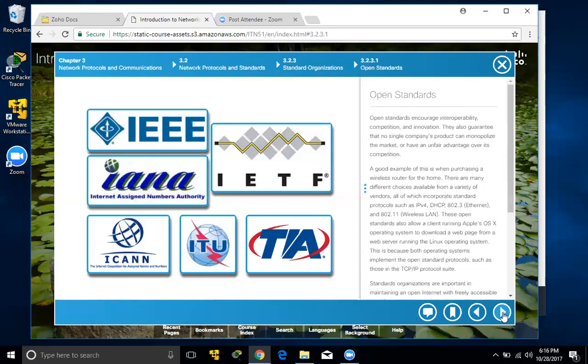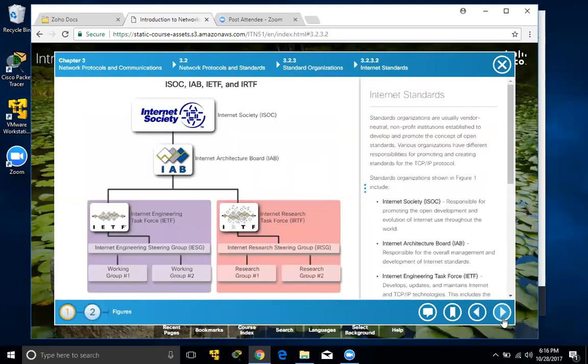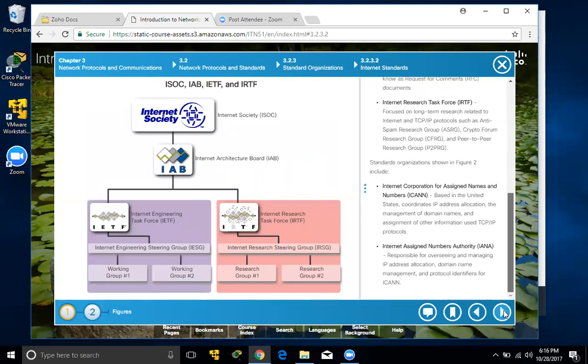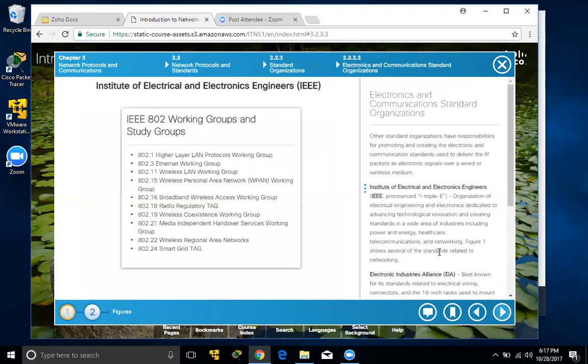Open standards, an important idea, not necessarily essential from a CyberPatriot competition standpoint. Internet standards, so there are people that decide all this stuff. Very important from an industry standpoint, not so much from a CP competition standpoint. Working groups, again, some super smart people doing great work to make all this stuff work across vendors and different kinds of technologies.